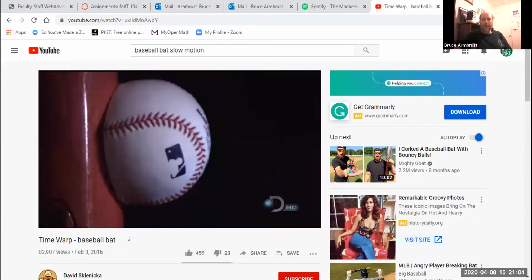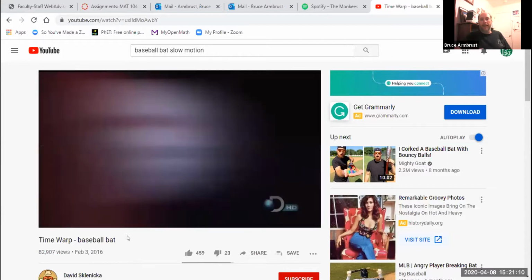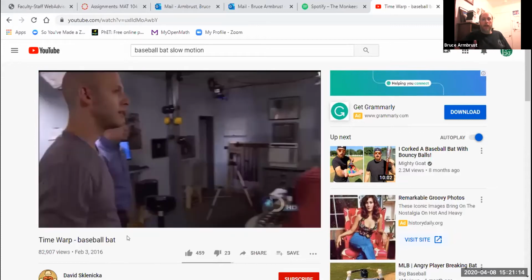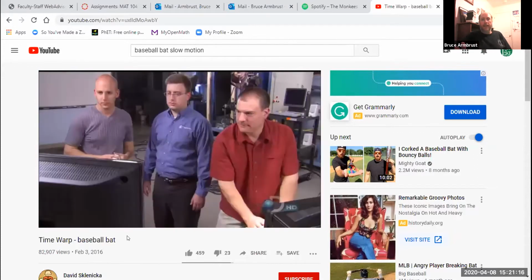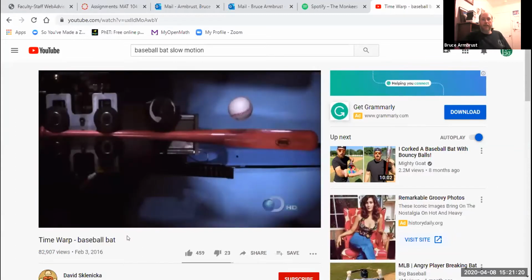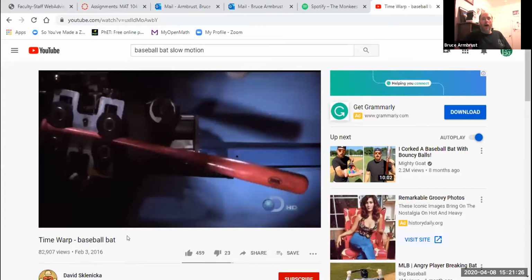Because what ends up happening is the bat bends. And if it bends enough, and we'll talk about this later, it goes beyond the amount of stress that it can actually handle and causes it to break. Oh yeah, there it is. Check that out. You can even see that bat kind of wobbles a bit.